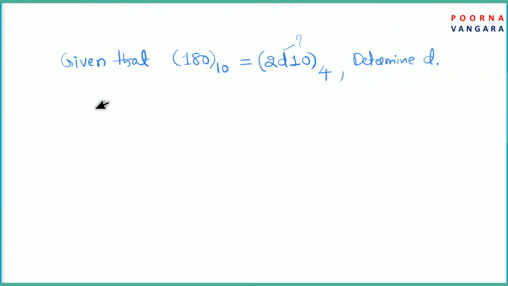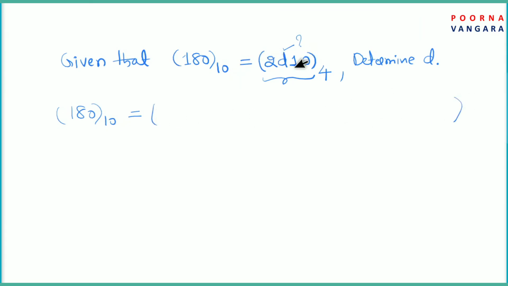Same thing, whatever the number system other than decimal, you can represent it in decimal by representing it in weighted sum representation. 180 base 10 equal to, now you need to write the weighted sum representation here.